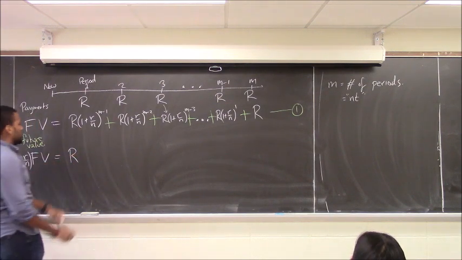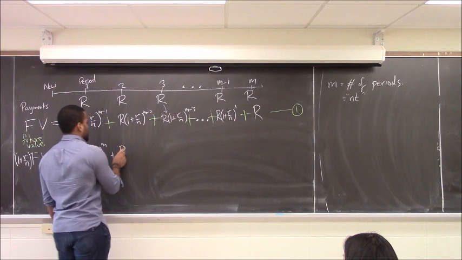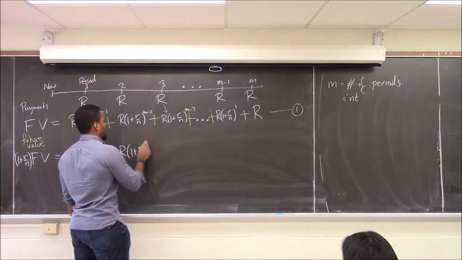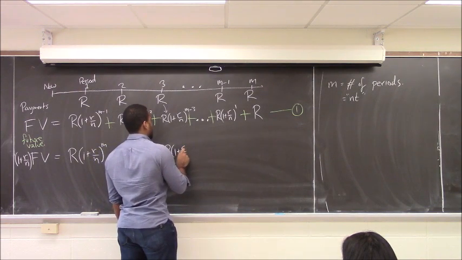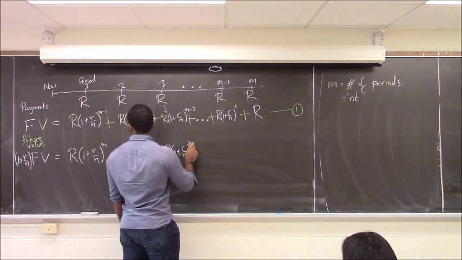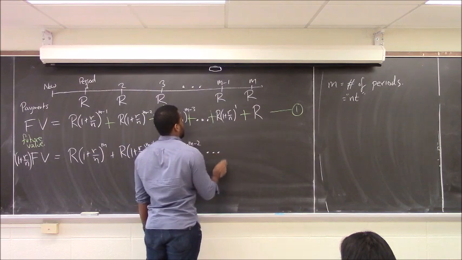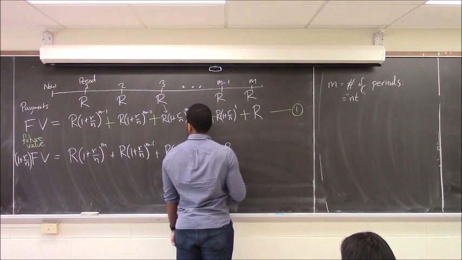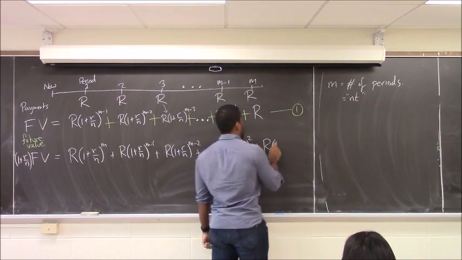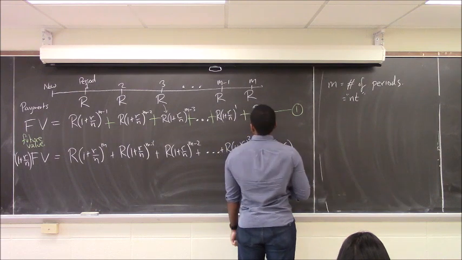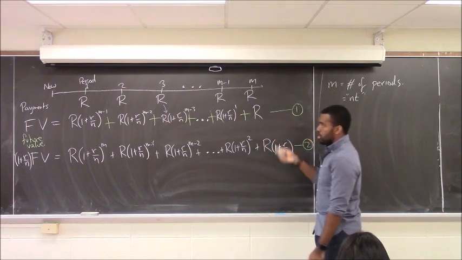So that means this is going to become 1 plus r over n to the m, plus 1 plus r over n to the m minus 1, plus 1 plus r over n to the m minus 2, plus dot dot dot, 1 plus r over n squared, plus 1 plus r over n. And so that's equation 2, where I just multiplied equation 1 by 1 plus r over n.